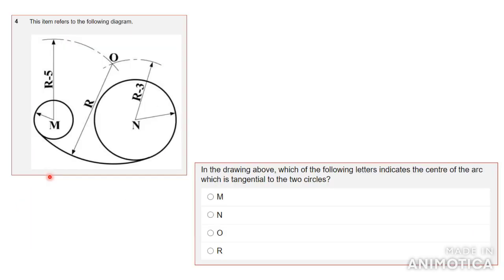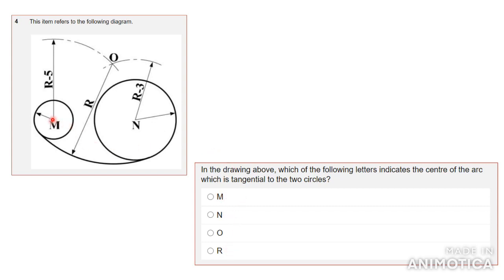Alright. Number 4 says, in the drawing above, which of the following letters indicate the center of the arc which is tangential to the 2 circles? So here you have the 2 circles right here. Which of the following would be the center of the arc? Is it M, is it N, is it O, or is it R?